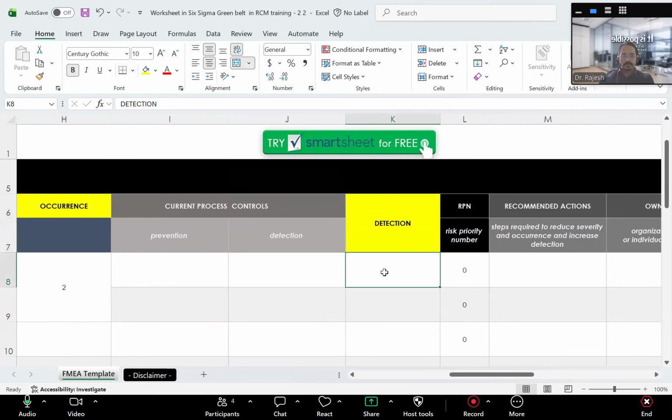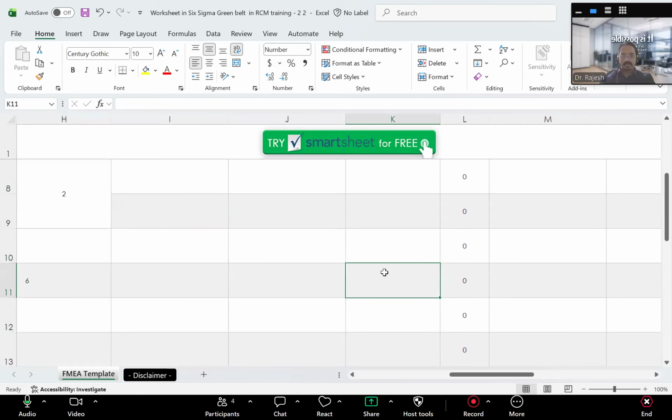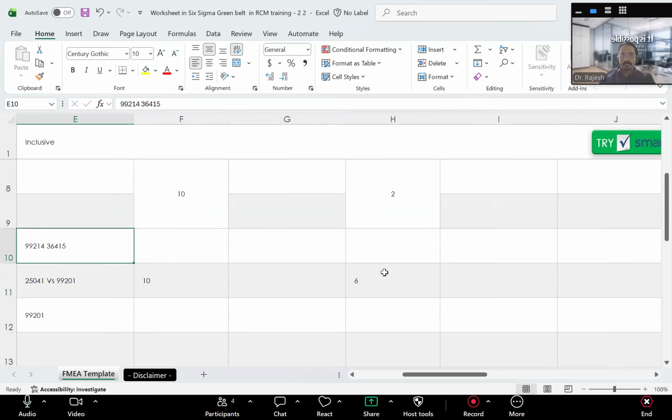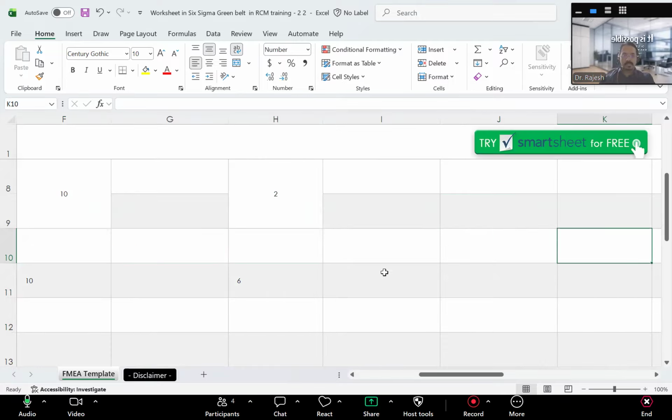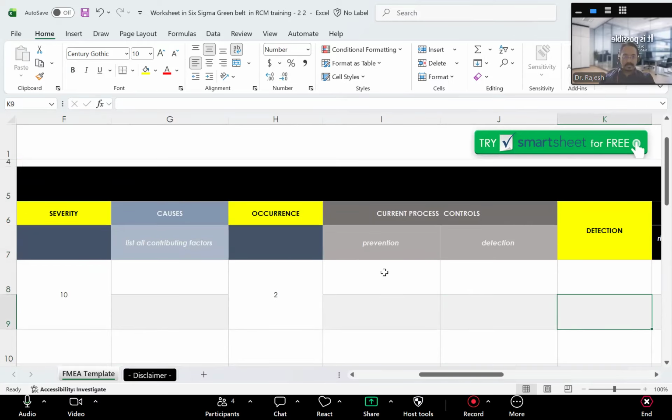For example, I am considering this 99211 and this one. Even though it is not important, I am not paying attention to it, so my detectability becomes my challenge. For this one, my detectability is only 1. I am not able to identify this frequently, or I am not putting anyone in place to check it.